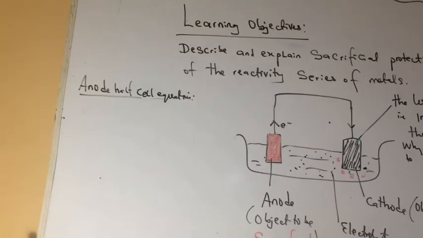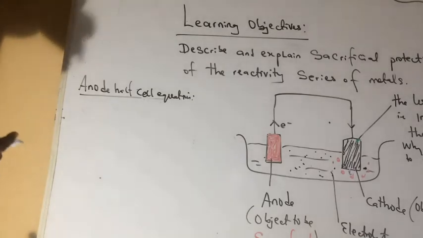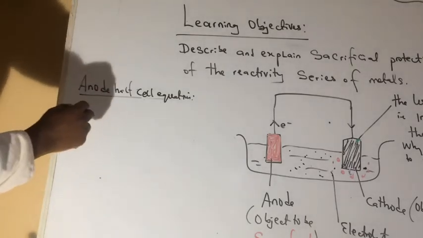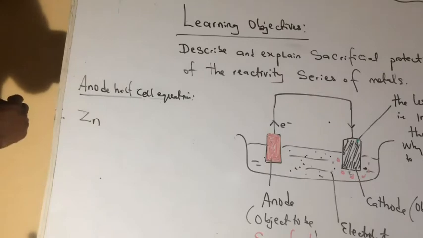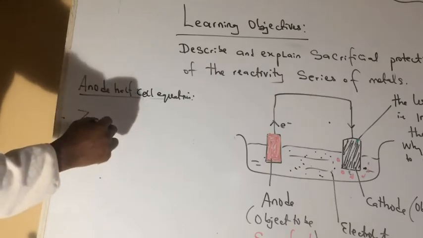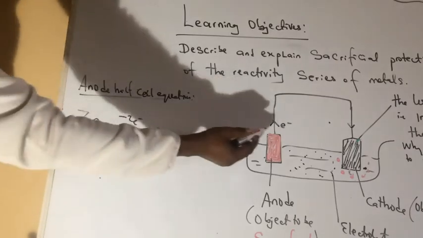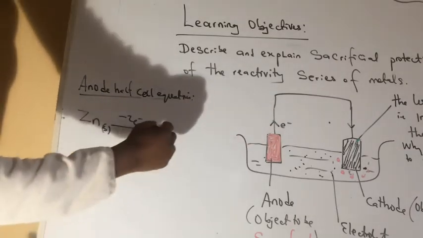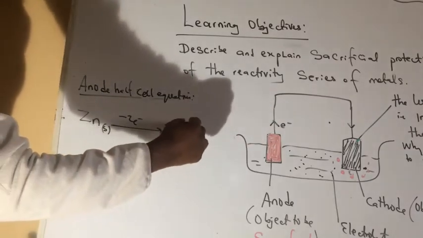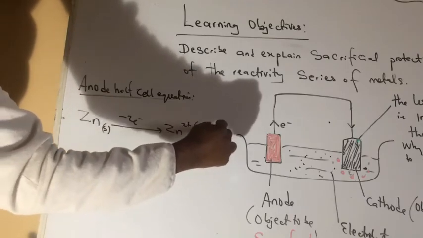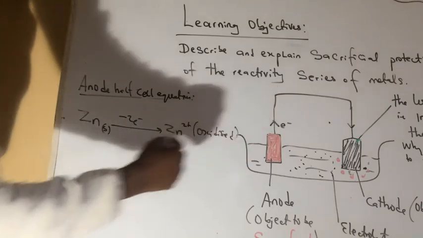Let's look at what really happened at the anode. If I'm using zinc, zinc loses electron. You can see from the diagram, and zinc becomes oxidized.